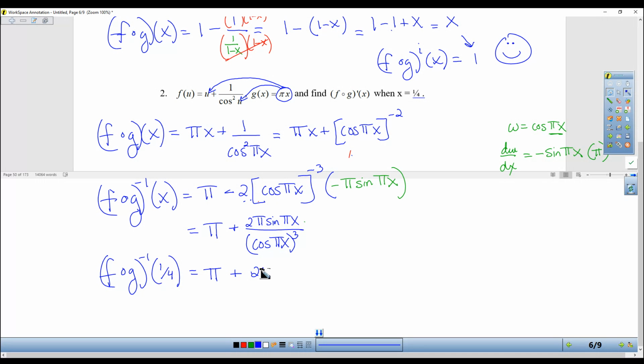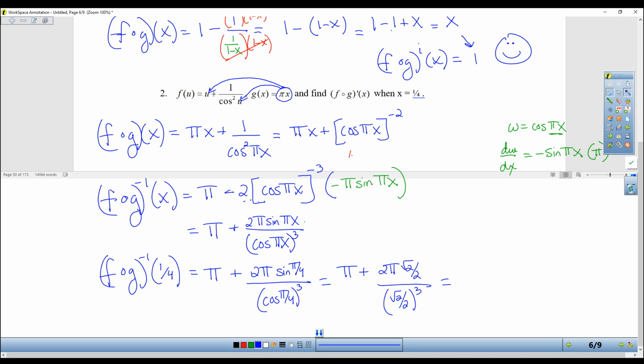So now I have 2 pi sine of pi fourths over cosine of pi fourths cubed, which would be pi plus 2 pi square root of 2 over 2.